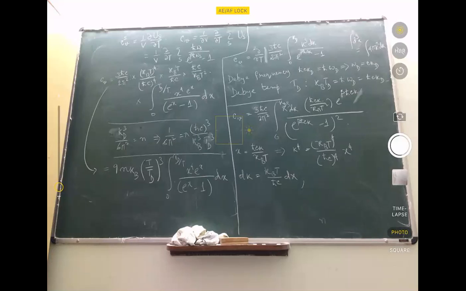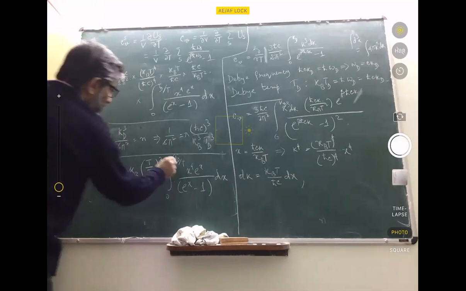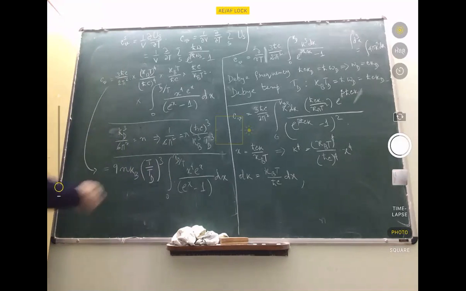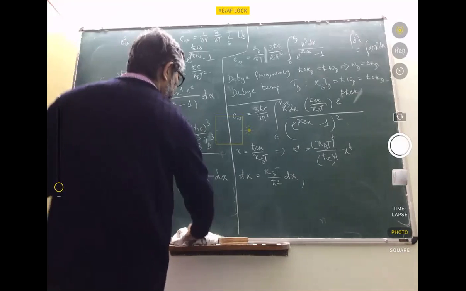And I'll just give you the result, because low temperature means T goes to 0. So therefore the Td over T in that integral can be taken as infinity. So you do an integral from 0 to infinity of this, and then I'll just give you the result of that.